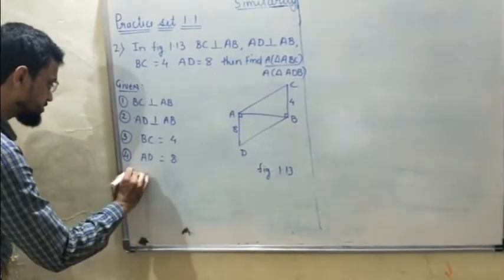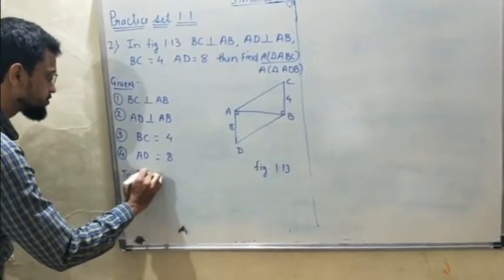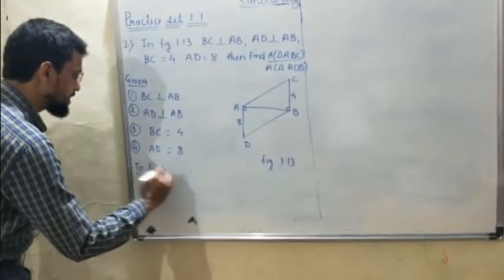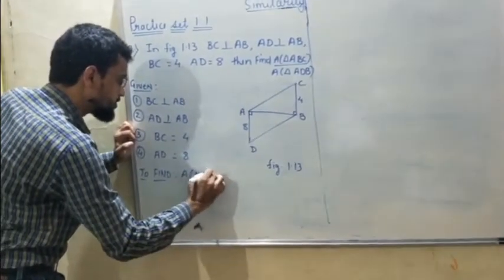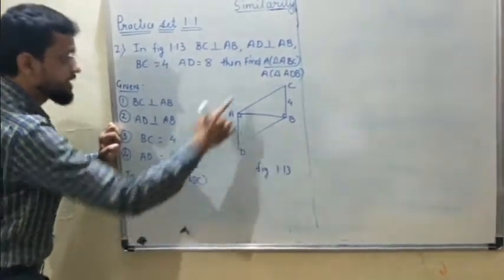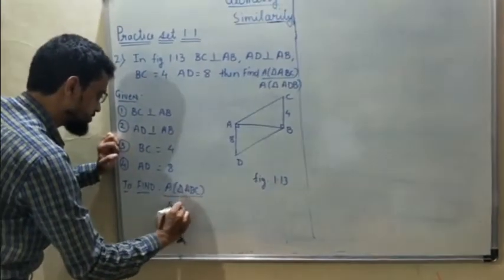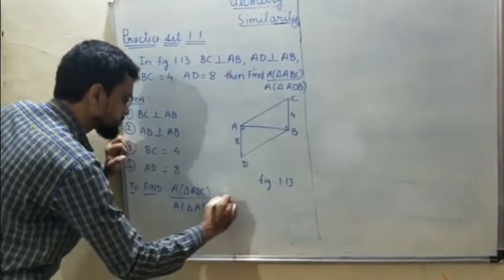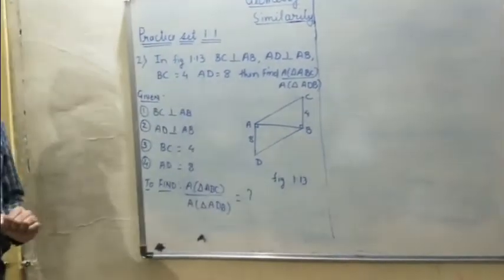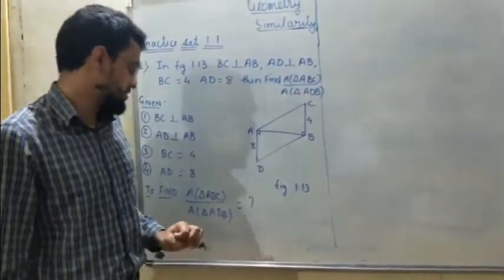Now, then find. You have to find area of triangle ABC divided by area of triangle ADB. We have to find the ratio of the areas of these two triangles.